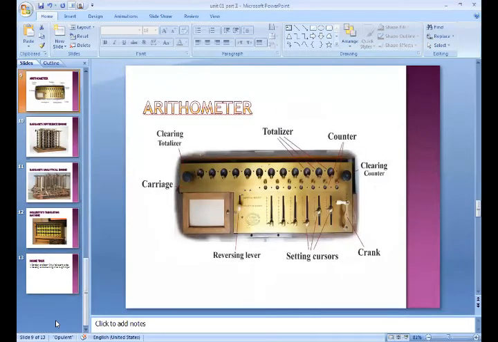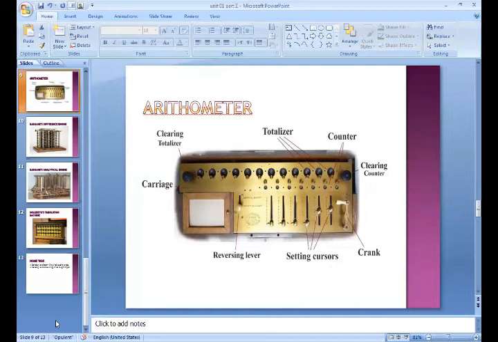Next is the arithmometer. However, the spread of the mechanical calculator would have to wait until Charles Xavier Thomas de Colmar, a Frenchman, invented a machine in 1820 that could perform the four basic arithmetic operations.